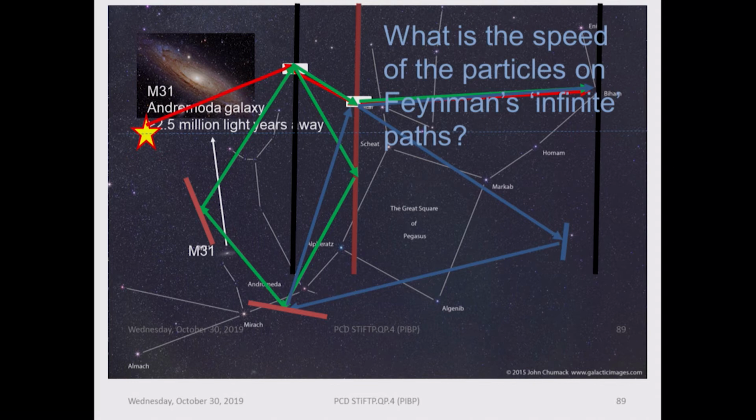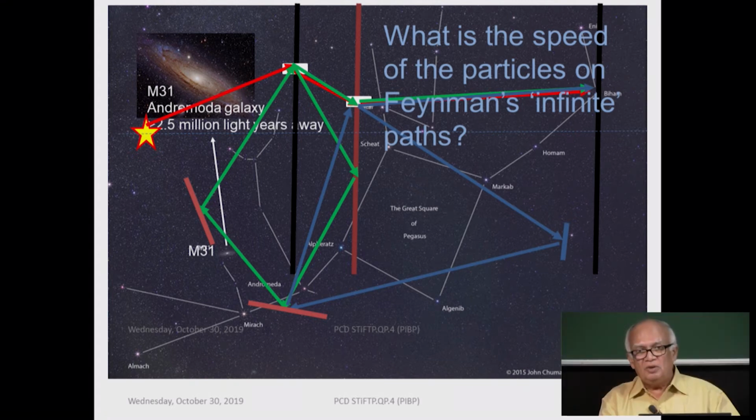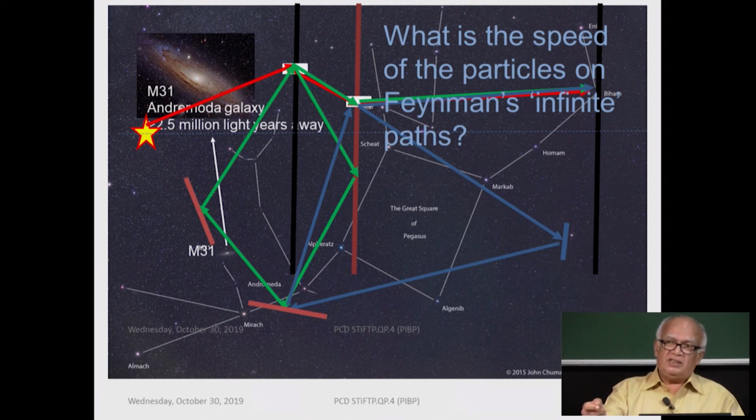You don't ask this question. It is like asking, is the moon there if nobody is looking at it? This was Einstein's objection to quantum theory. If you don't measure the velocity of that particle, what is its velocity? I am not looking at the moon, but I want to know if it is there.